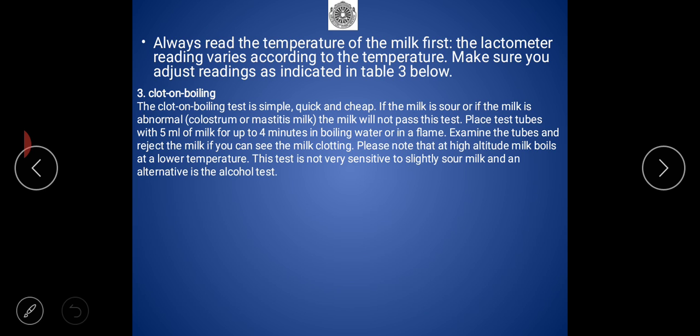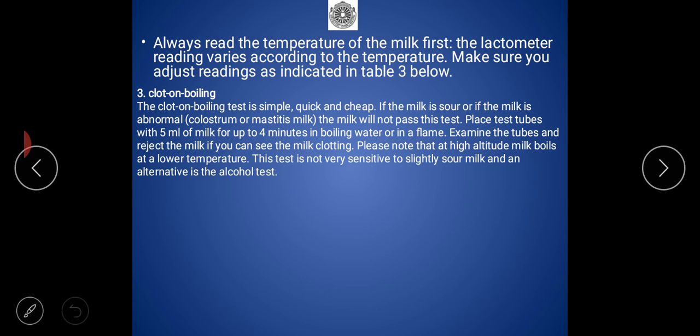Then the next test will be clot on boiling. The clot on boiling test is simple, quick and cheap. If the milk is sour or abnormal, having colostrum or mastitis milk, the milk will not pass this test. Place the test tubes with 5 ml of milk for up to 4 minutes in boiling water or in a flame.